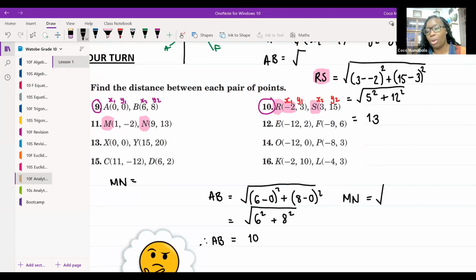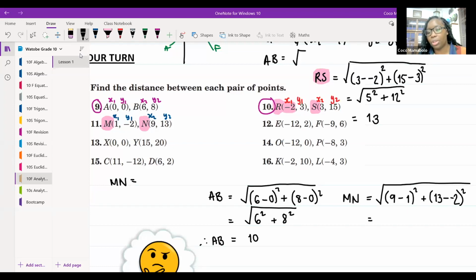I'm going to go MN is equal to the square root of, and I'm going to choose M as my X1 and Y1 and my N values as X2 and Y2. So my formula says open brackets, X2, which is 9, minus X1, which is 1, all squared, plus open brackets, Y2, which is 13, minus -2, all squared.